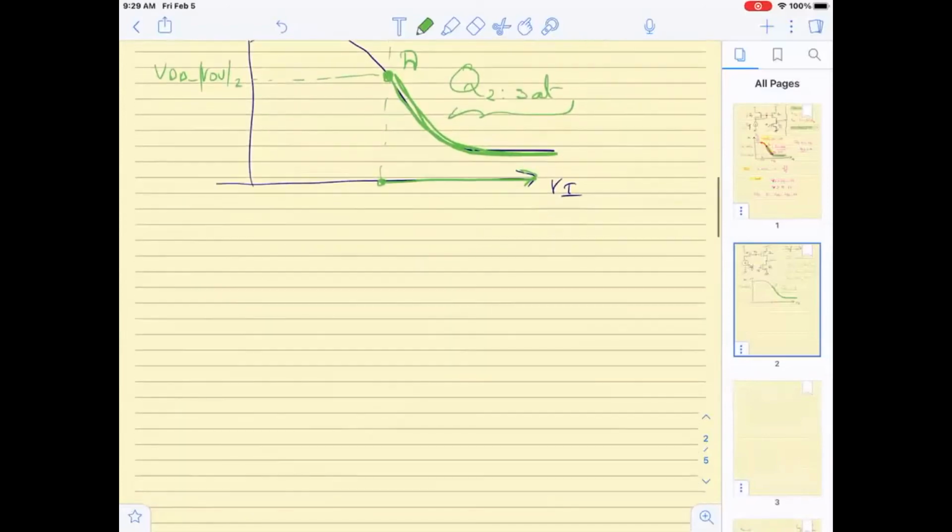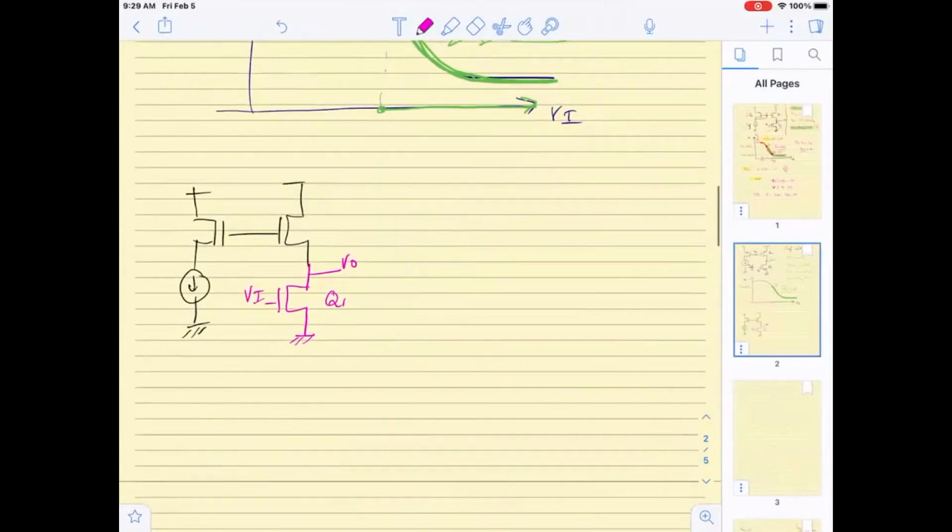So if I want to go back and look at transistor Q1 and study it in the context that I have here, this is the current mirror, and this is my transistor Q1, it's sitting here, it is being biased by Vn and giving me some VO according to the interaction between the two circuits. And this is the shape of the characteristics, this is the voltage transfer characteristics, V in versus V out. We agree that it is going to look something like this.